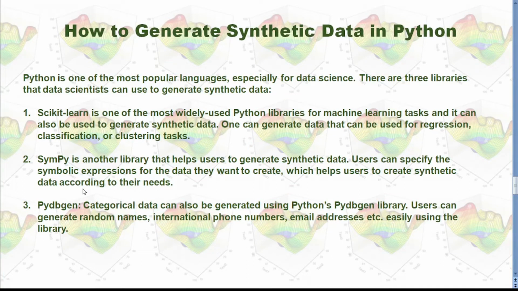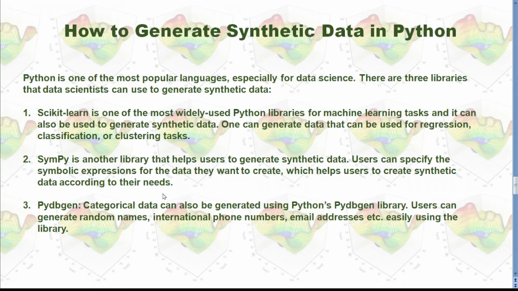There are many ways to generate synthetic data. One way is using Python. If you use Python, there are three packages you can use. Scikit-learn is one of the most widely used Python libraries for machine learning tasks, and it can also be used to generate synthetic data.